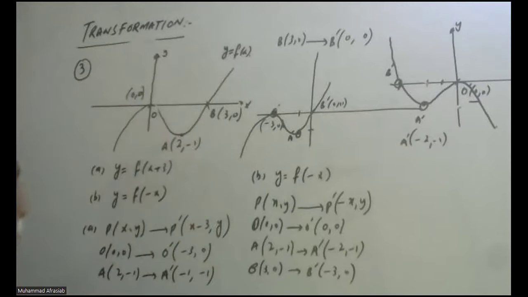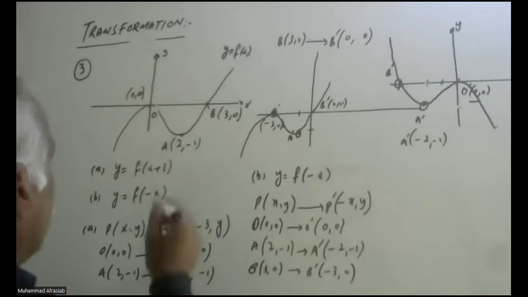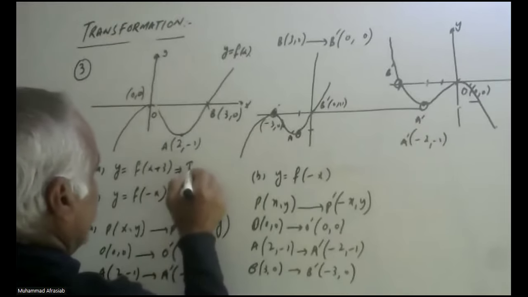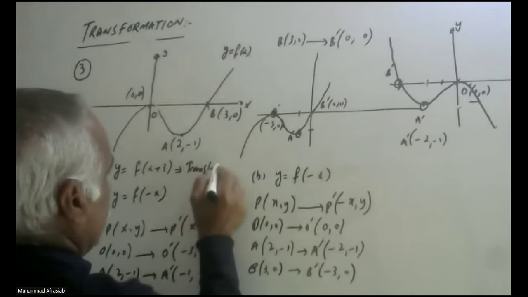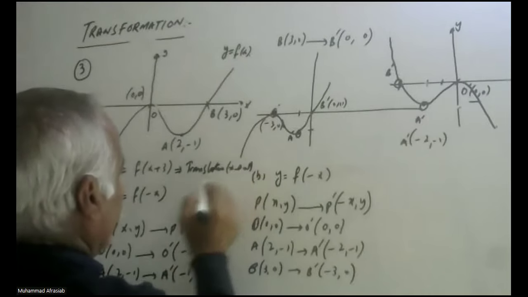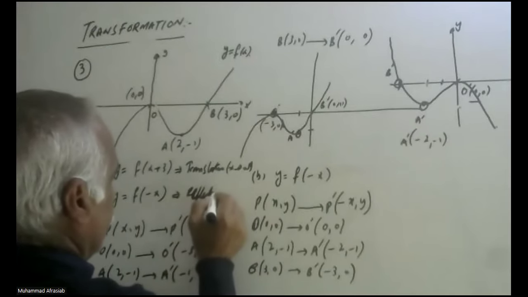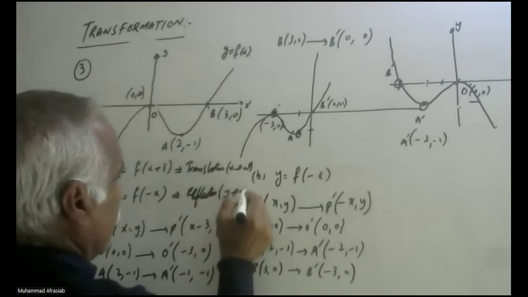So this was the information obtained from question number 3 of this topic of transformation with the two parts. One is due to the translation on the x-axis, and one is due to the reflection about the y-axis.